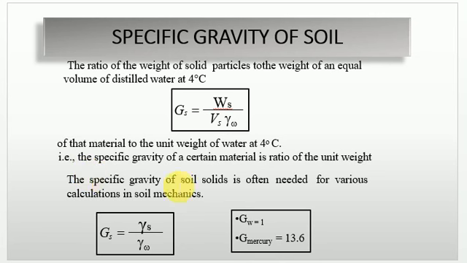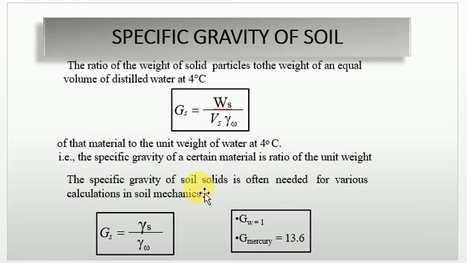The specific gravity of a certain material is a ratio of the unit weights. Why? The specific gravity of solids is often needed for various calculations in soil mechanics.